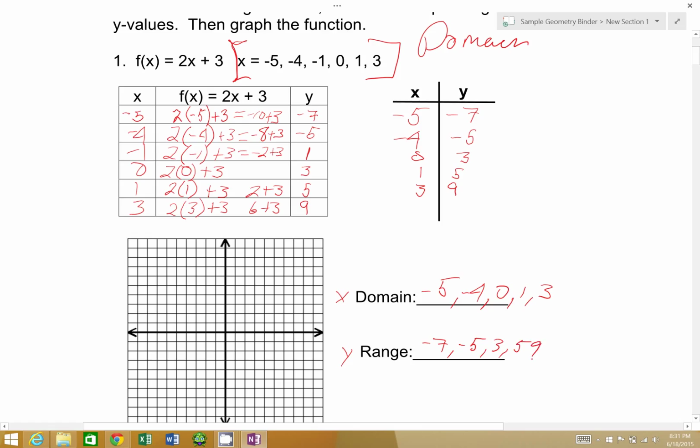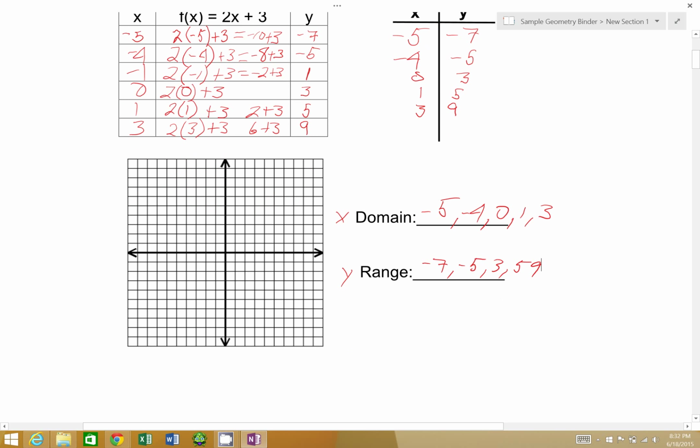In order to graph the function then, one of the most basic ways to do that is to simply plot my points. So I'm going to go with each point. I'm going to go over 1, 2, 3, 4, 5, and down 1, 2, 3, 4, 5, 6, 7. Plot these with me as I go along.